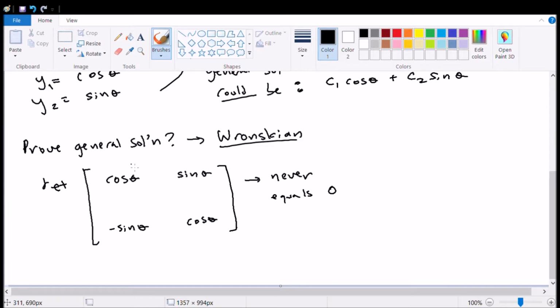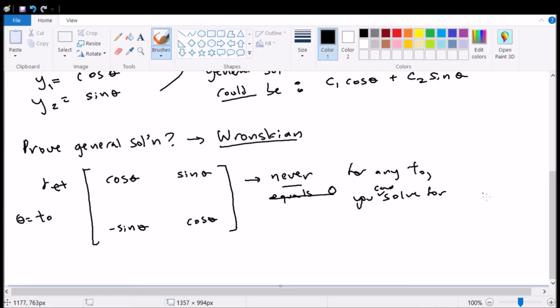We have to prove that the determinant of that matrix never equals 0. If it never equals 0, then it's invertible, and if it's invertible, then you can solve for C1 and C2. In this case, theta is equal to the initial time, and I'm just writing theta because it's a habit to write theta after trig functions.